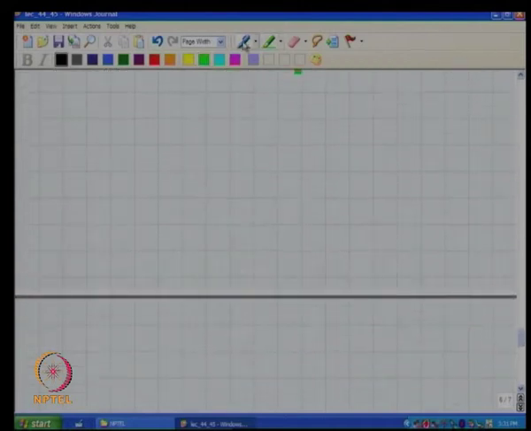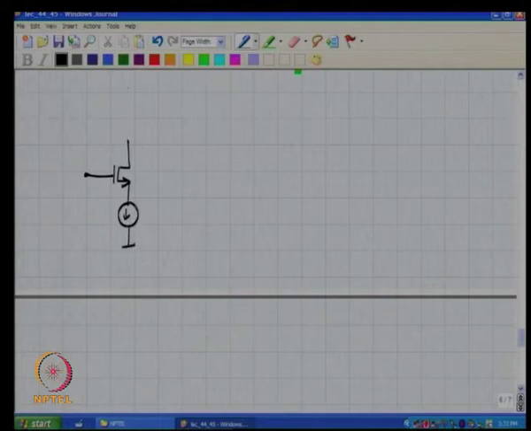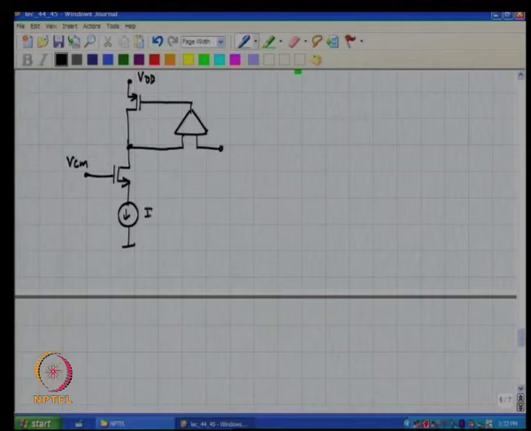So, in other words, we want our preamp to have a common mode equivalent which looks like this, all right, and a differential mode equivalent which looks for small signals like this.